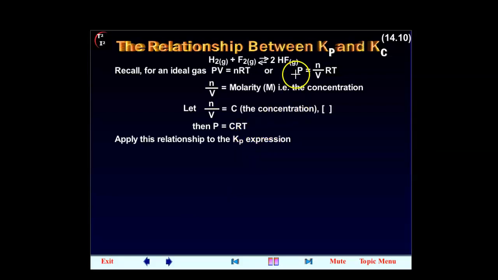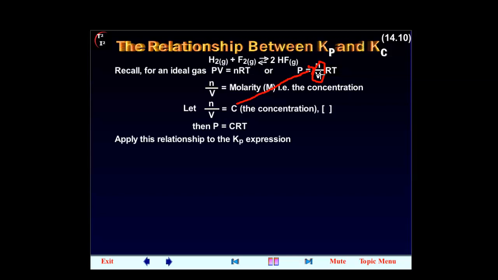All right, let's look at it once again. You have N over V, which is your molarity or concentration. So what we're doing is just replacing this C, concentration, with N over V. Remember in the previous examples, that was what you used to find the molarity, because you are given volume and you are given the moles.